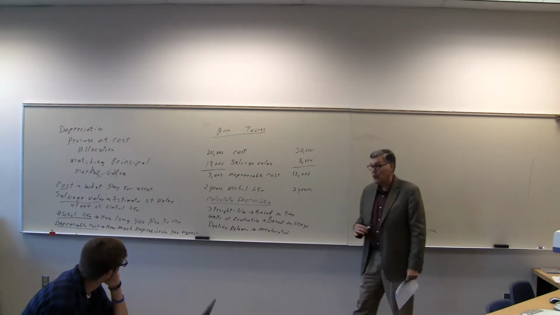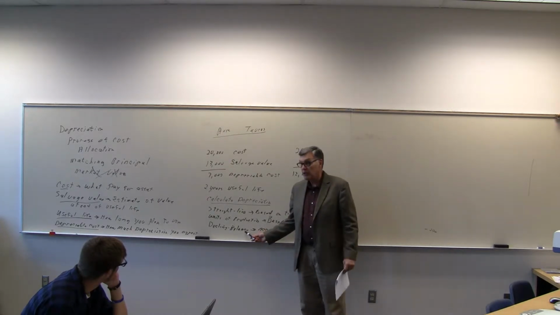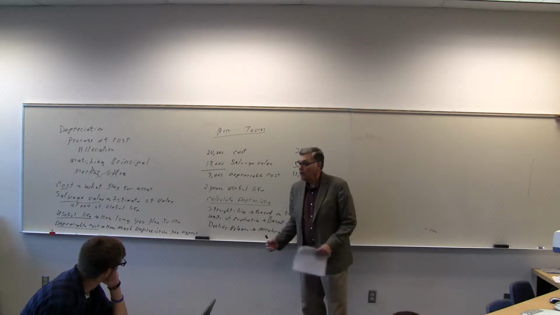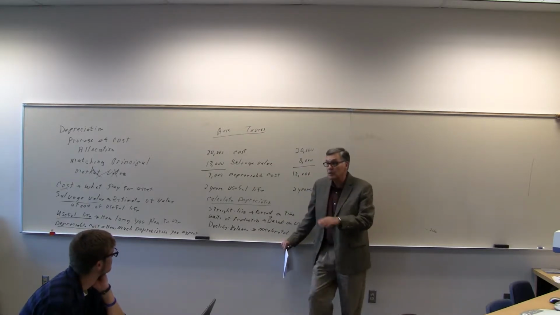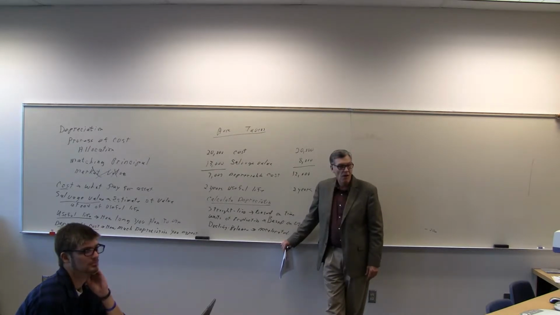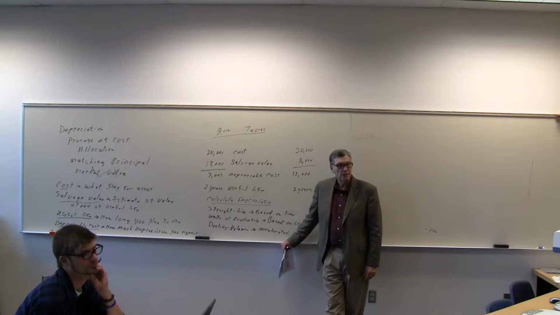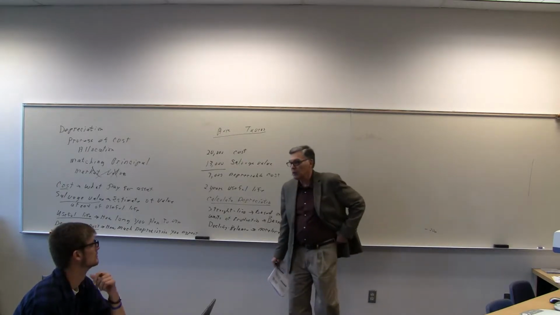I try to use the same as the book, because double declining is often what you see, but they use declining balance, so we'll call it declining balance. In essence, the book is always right, even if you're wrong. Always use the book.